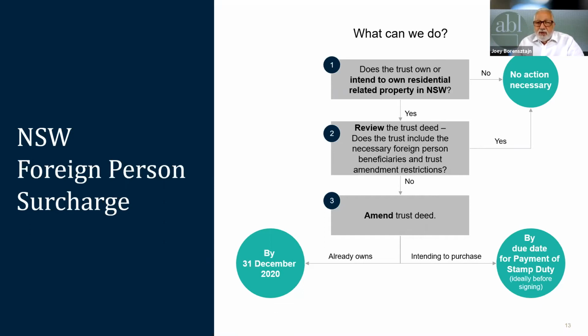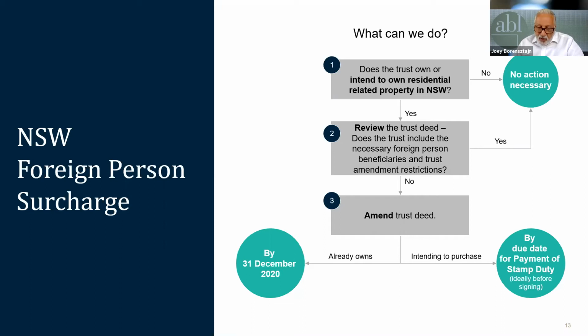If it does, no further action is required. I should say at this point, most off-the-shelf deeds would not include those restrictions unless you had acquired that trust this financial year, as the amendments were known to us. But if it doesn't, then the deed needs to be amended.